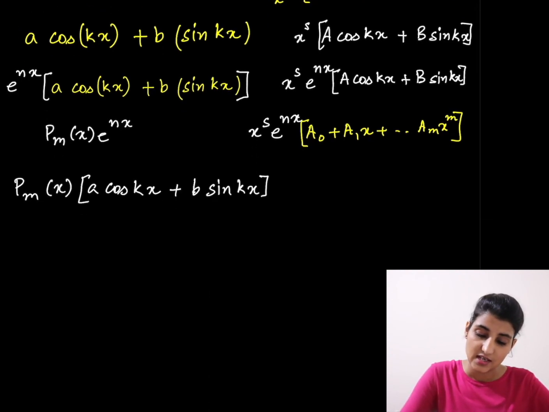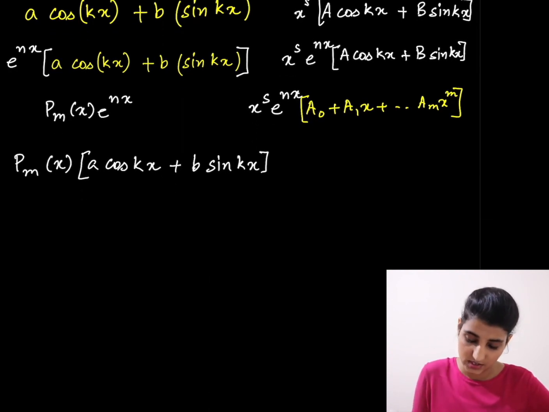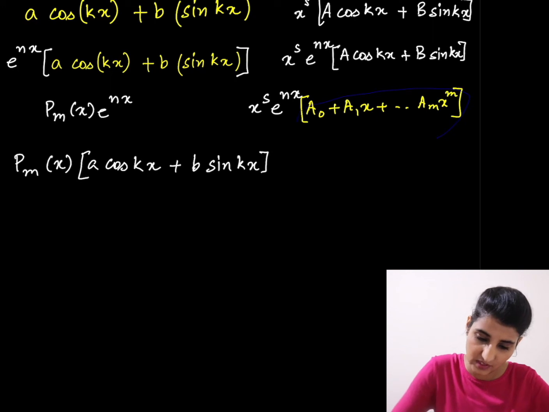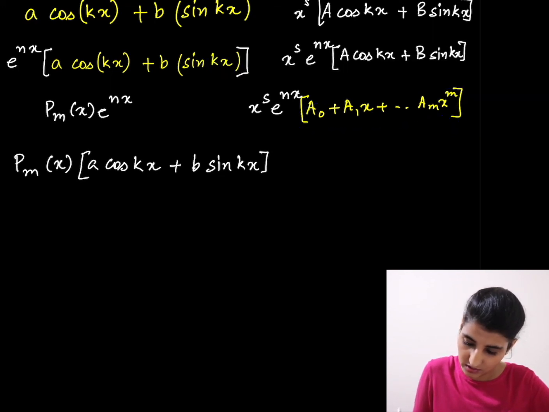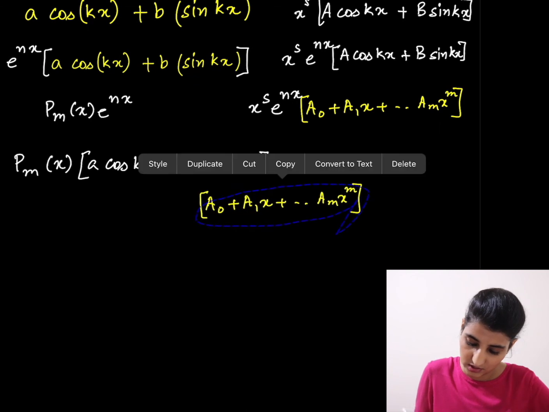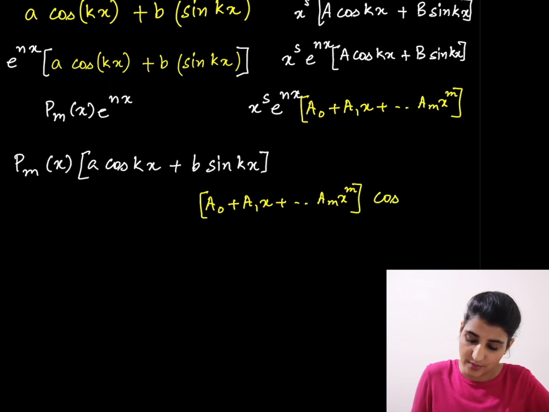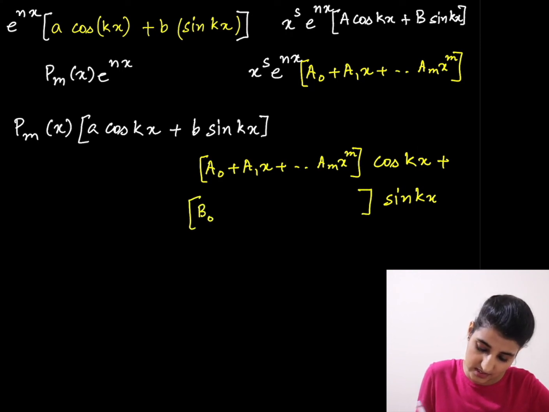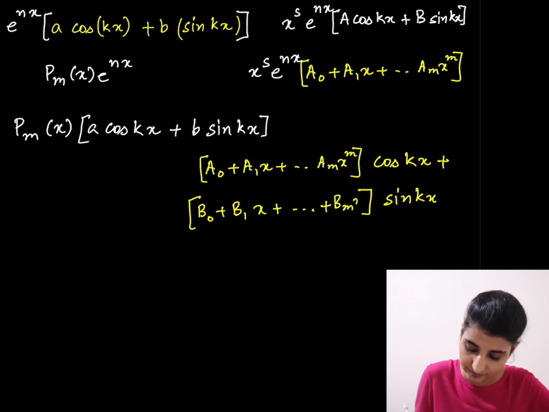In that case, our choice for yp is we write the choice for Pm and we multiply by cosine kx, plus sine kx times, this time we need to change the coefficients, say b0, b1x up to bm x power m.